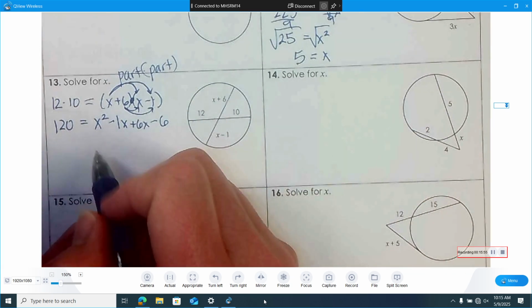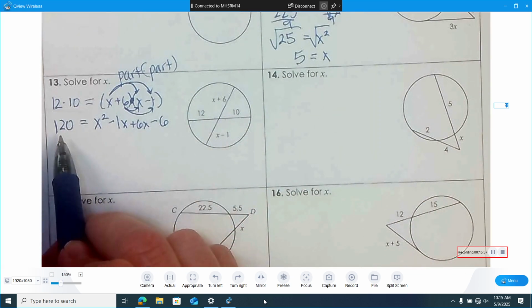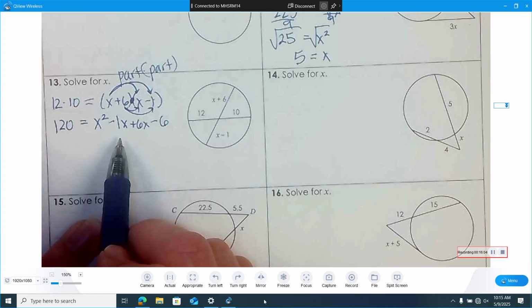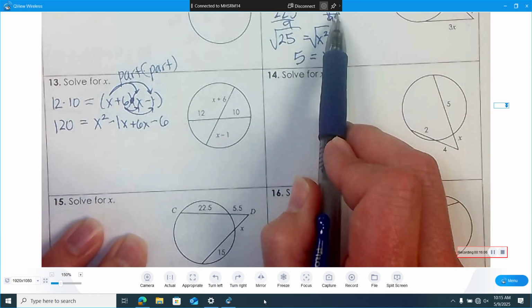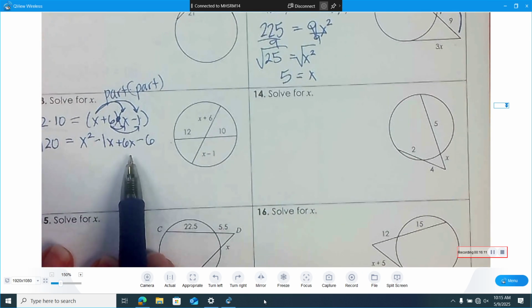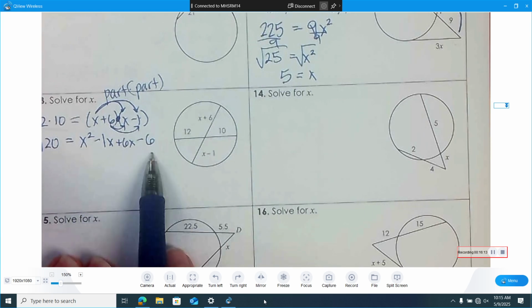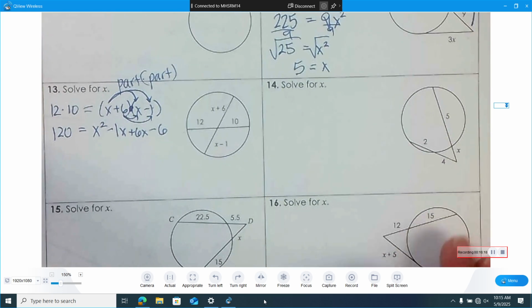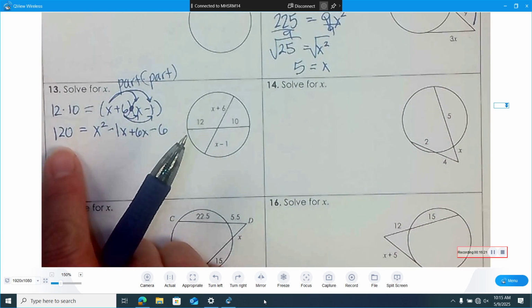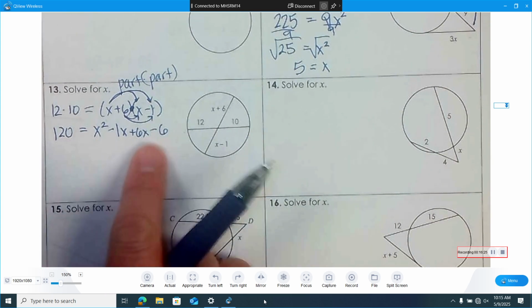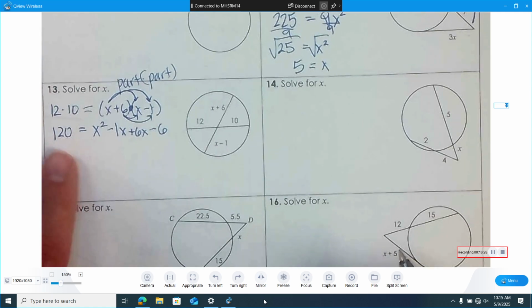I want to clean this up, but it's also quadratic because of the x squared. How do we solve when we have an x squared like this? Well, that's when the x squared is all by itself. Like we are going to have an x term. How do we solve it when we have an x squared and an x and a number? We have to do something with this 120. We have to move it over. When we have a quadratic like this, we have to set it equal to 0.